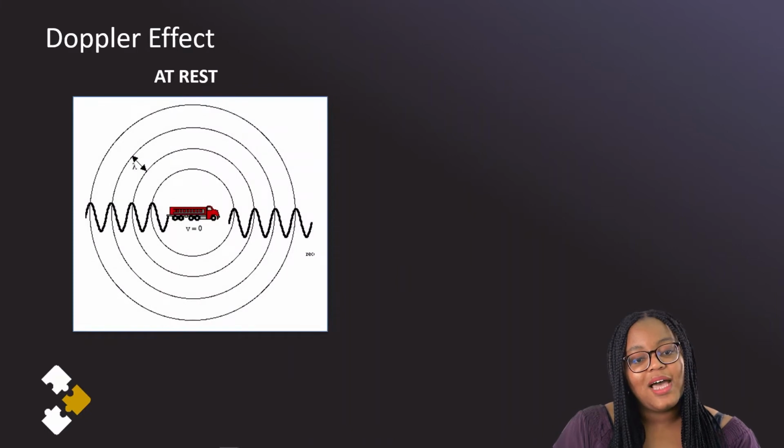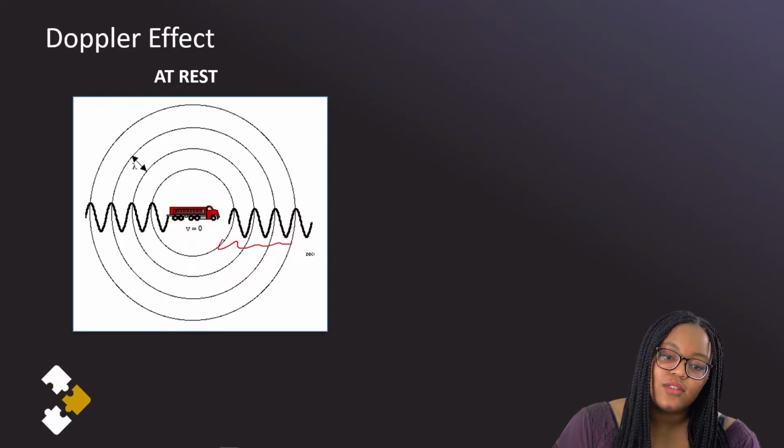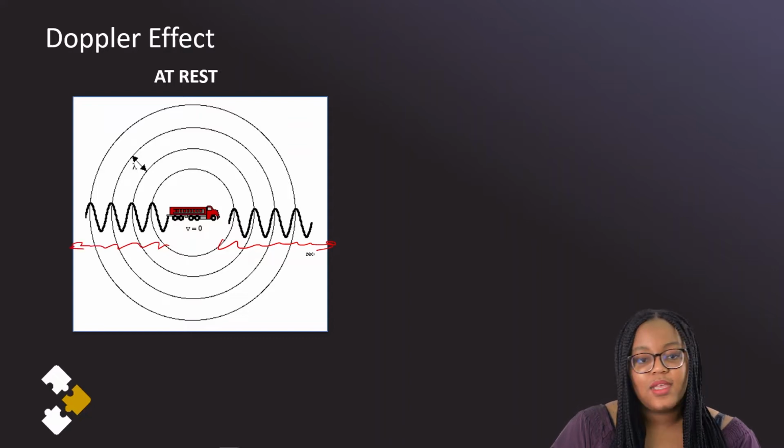Practically speaking, when you have a stationary object that is emitting a sound, when it is not in motion, the sound waves around this object have the same frequency and the same pitch in both directions.